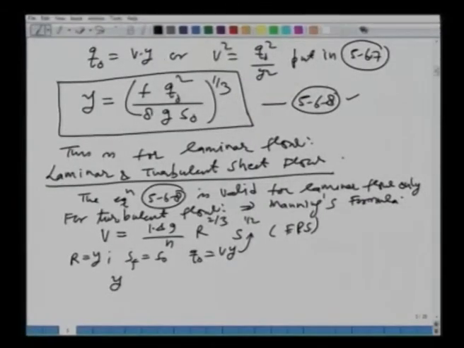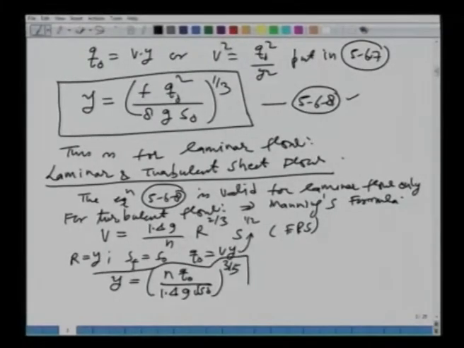Again I am not going to do this, but you can easily verify once you utilize all these equations or relations. What you will have is the flow depth like this, whole raised to the power 3 by 5. Okay. So, you see that this is for turbulent flow.